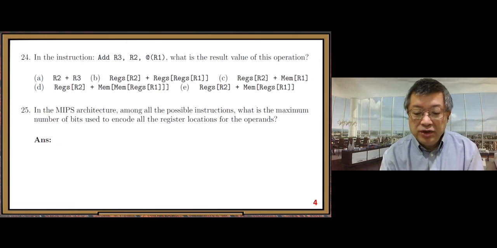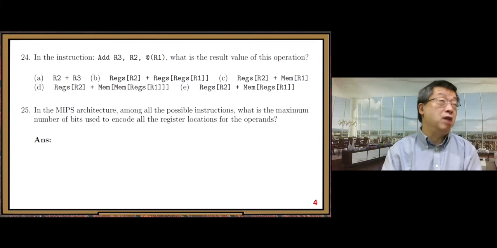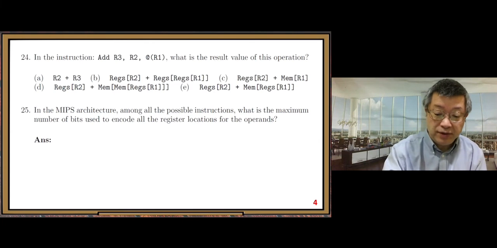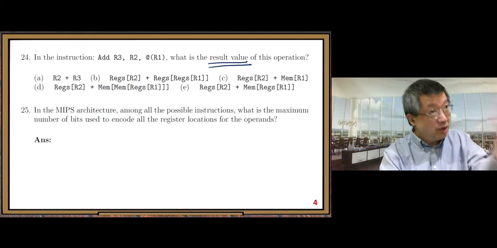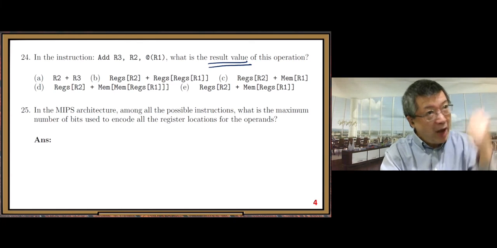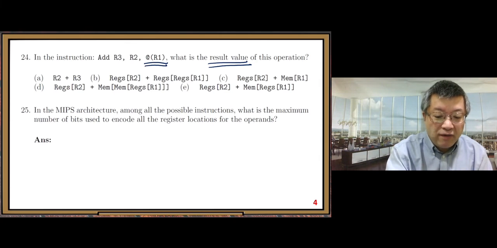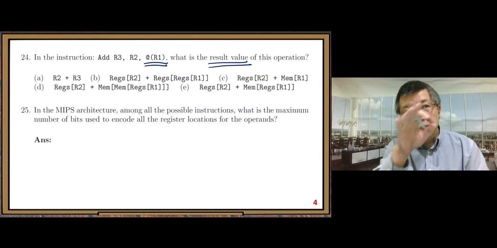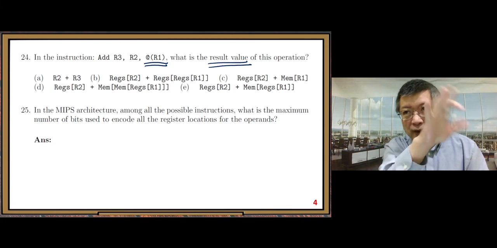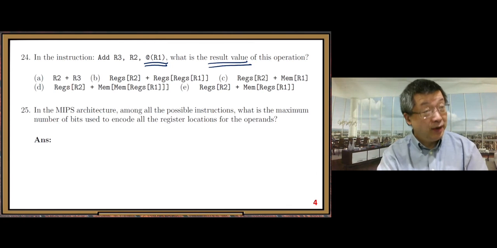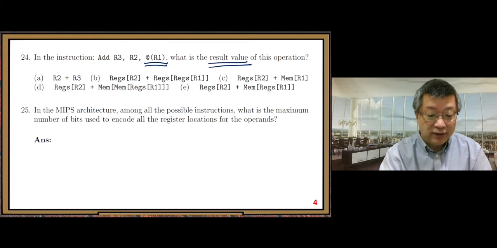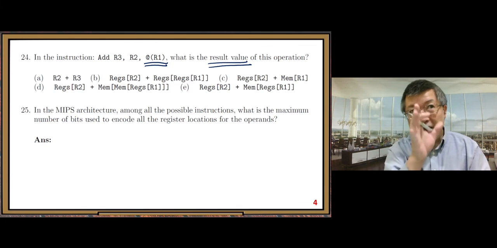What is the result value of this operation? We need the result value. After doing the addition, the value. And especially, you need to know the meaning of 0 parenthesis R1. In our notes, we have that part. So then the addition value.